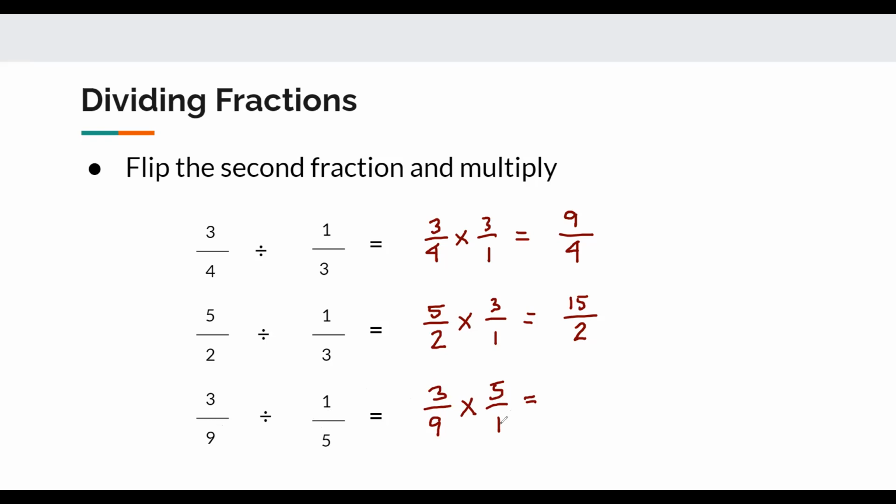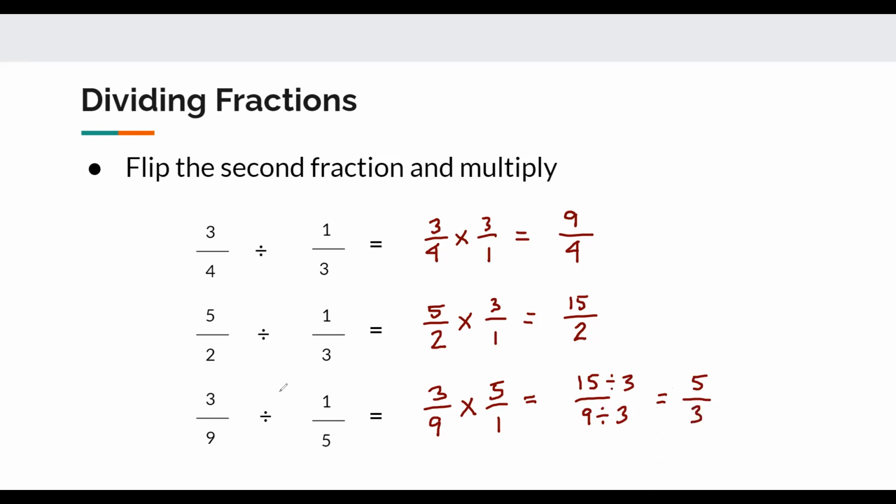We flipped the second fraction. 3 times 5, 15. 9 times 1 is 9. We challenge ourselves to try to reduce this fraction. Both of these can be divided by 3. You divide both the top and the bottom by 3. 15 divided by 3 is 5. And 9 divided by 3 is 3.